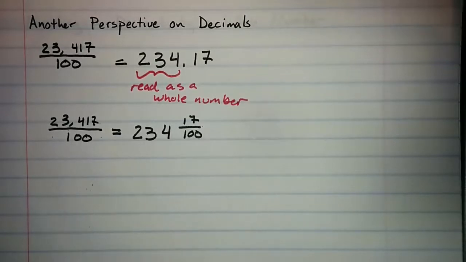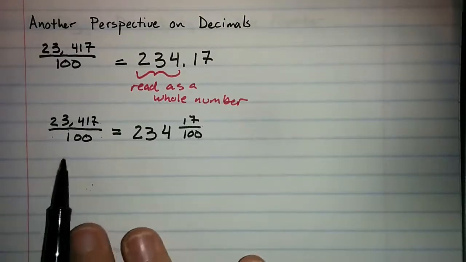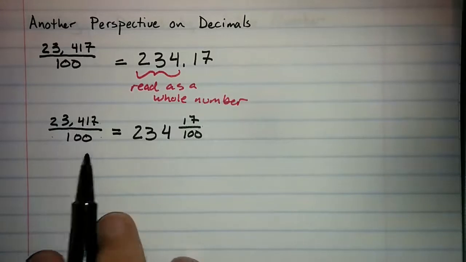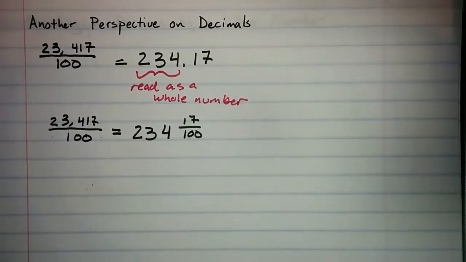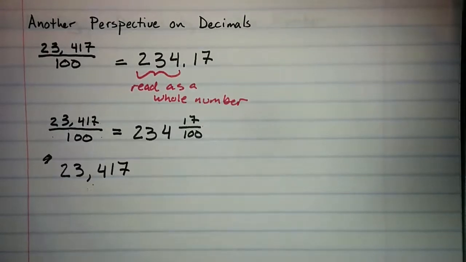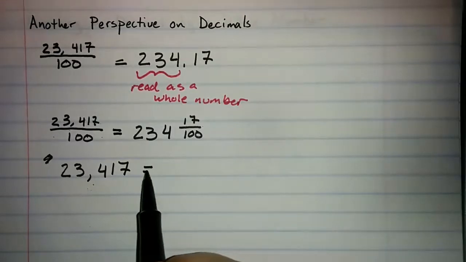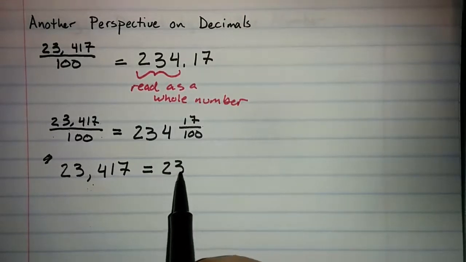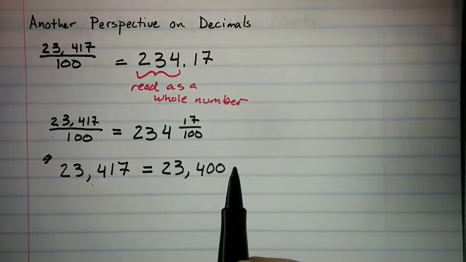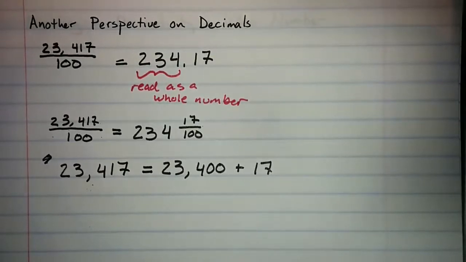How did we know that? Well, we described this in terms of division at the time, but we can think of this as the following idea. 23,417 is 23,400 plus another 17.